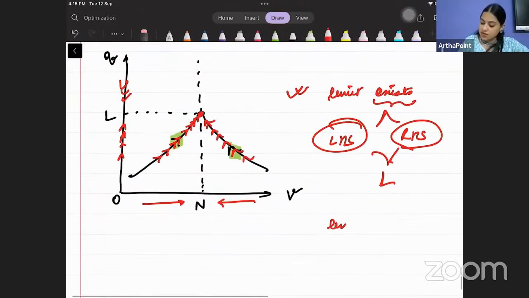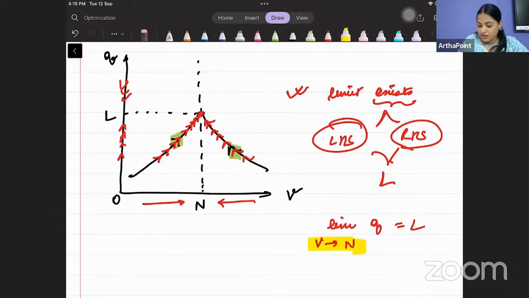So I can say the limit as v approaches n, q approaches L. So when v goes to n from both sides, q goes to L from both sides.